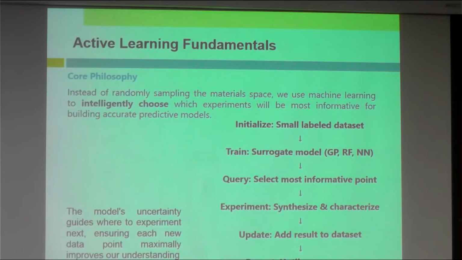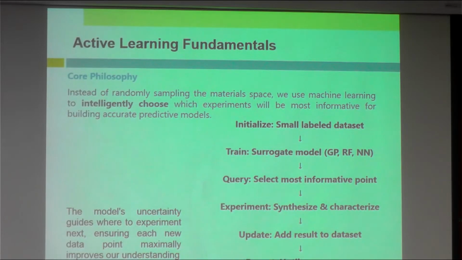So the process begins with a small label data set. This is the initial process. So this data set then trained a surrogate model. For example, surrogate model is a very simple model in comparison with a normal model of machine learning. Then a query, and select most informative point.